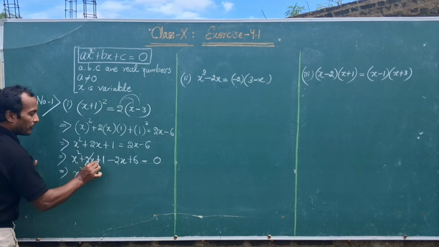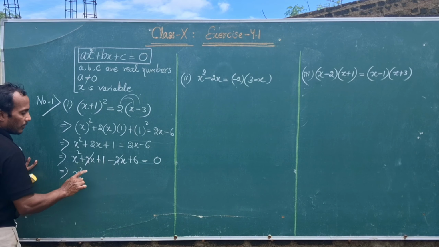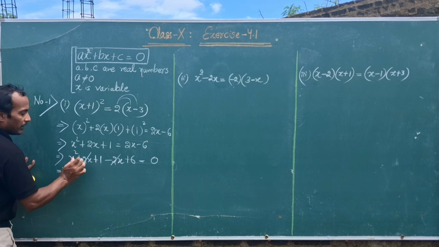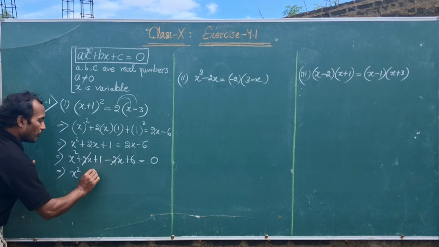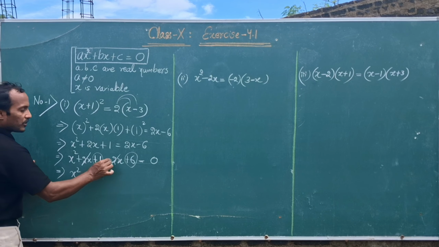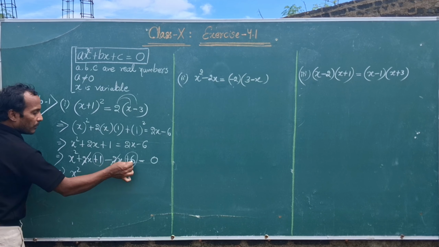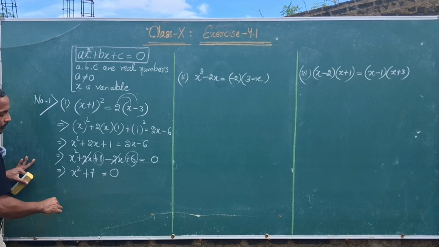So plus 2x and minus 2x only differ from each other by symbols, so they will get cancelled. In other words, plus 2x minus 2x gives you 0. So they are out. Now plus 1 and plus 6. These two are also like terms. Constant terms are like terms. So plus 1 plus 6 gives you plus 7 equals 0.